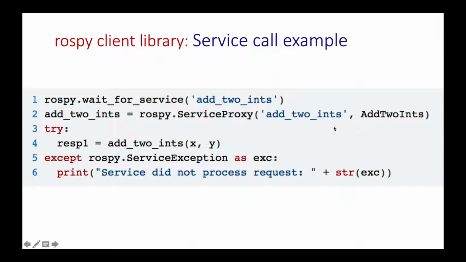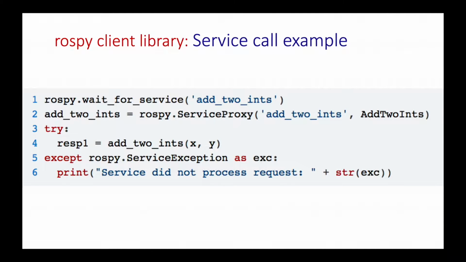And I know by definition of the service class that the request needs to have two fields, A and B. So when I create a variable response, I say send a request add_two_ints, and I'll send the values of x and y, whatever is in the code. This is not the whole script, obviously. And this service should return the sum which will be stored in the response.